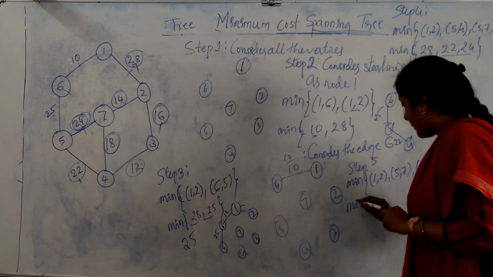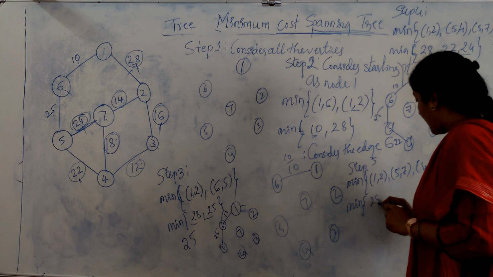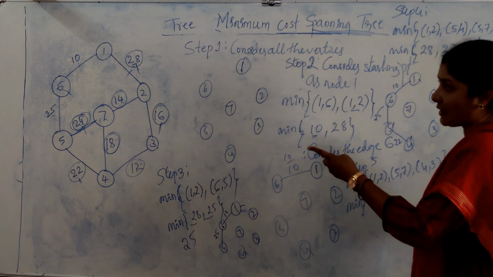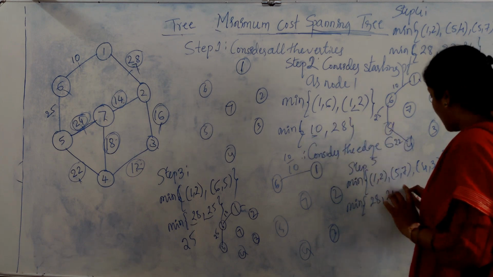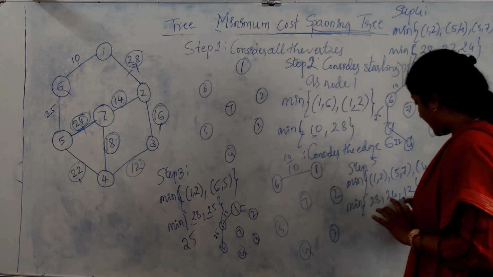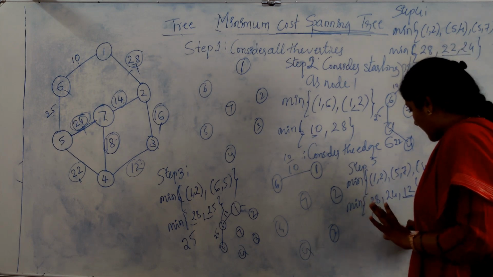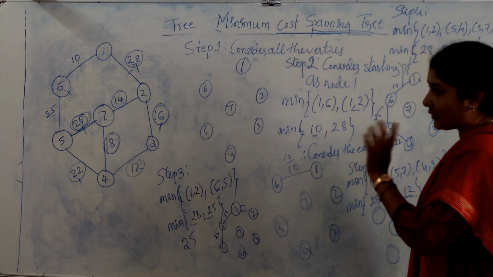Now, minimum of 1 to 2 edge is 28, 5, 7 is 24, and 4, 3 is 12. So again we need to consider the lowest cost, that is 12. So in this step, the vertex 3 is considered.